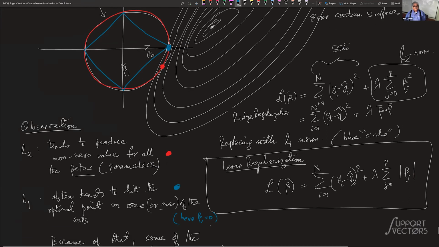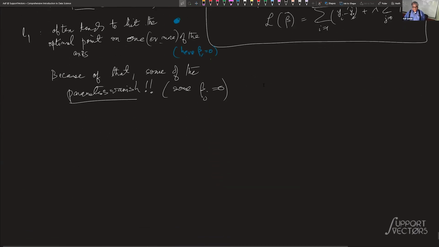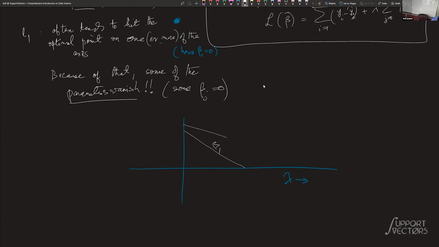And the way it works is quite interesting. Here you'll have to take my word for it. Suppose you have different parameters. Based on the value of lambda, beta naught will go, beta 1, beta 2.